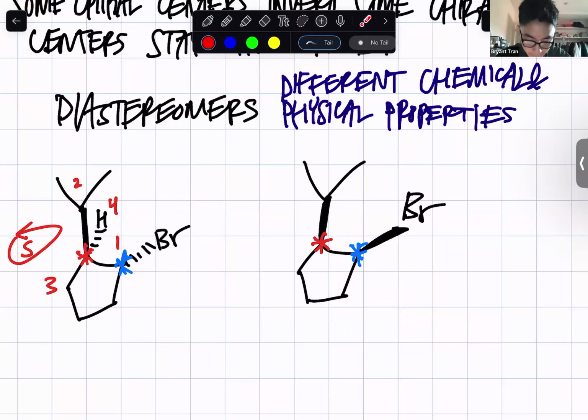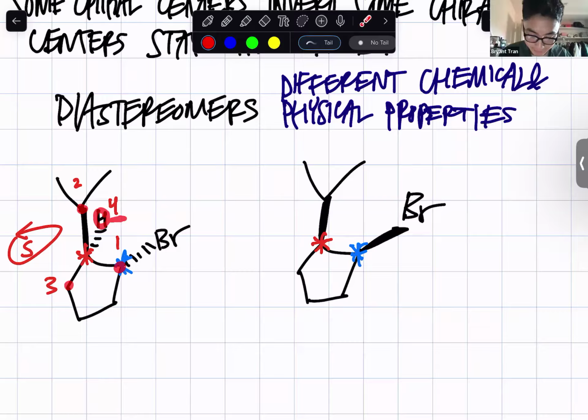How did you get R? Like what groups did you assign for priority? Like what's your priority group number one, two, and three here? Priority for the hydrogen. The hydrogen is priority group number four, right?